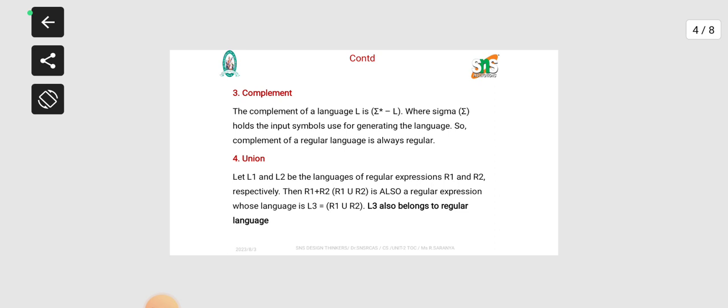Let's consider L1 and L2 as the languages for regular expressions R1 and R2. In union, we are going to join together two languages. Then R1 plus R2 is also a regular expression whose language is L3 equal to L1 union L2. So here L3 also belongs to regular language.